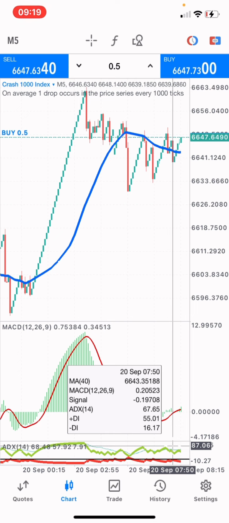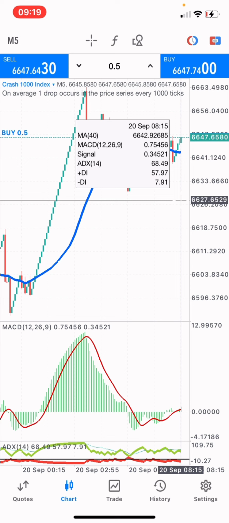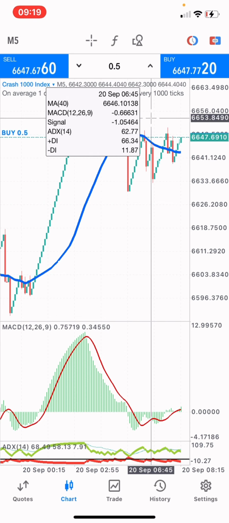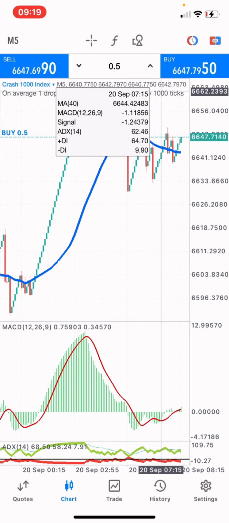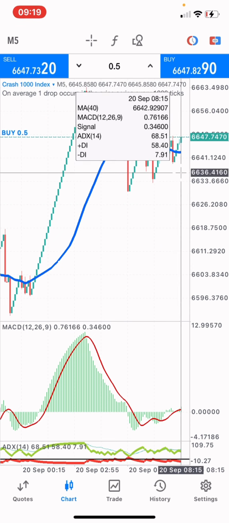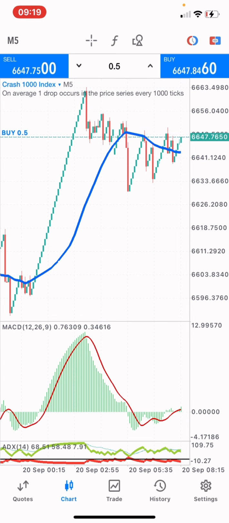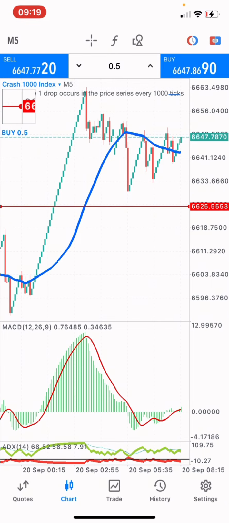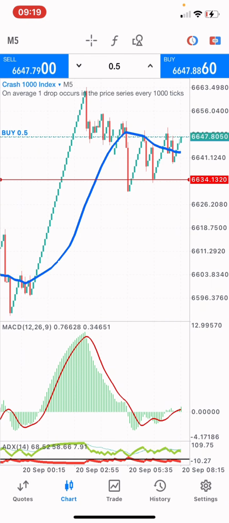Then I'm going to close around this zone. Maybe at this zone is where I'm going to close my first trade, and my second trade will be here. I told you, guys, if you want to put a stop loss, put it behind the line. So put your stop loss here. There's no 100% strategy, so you can put a stop loss here in case the market wants to come back and go up again.